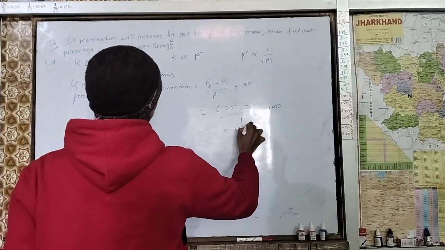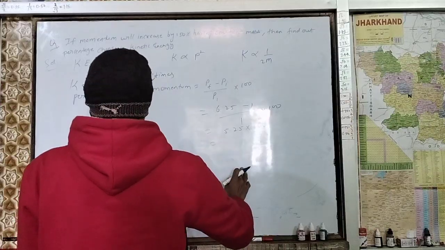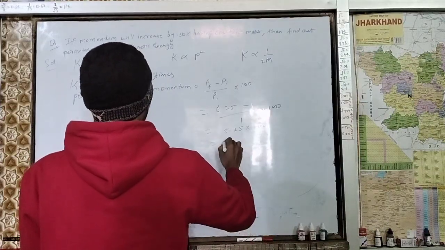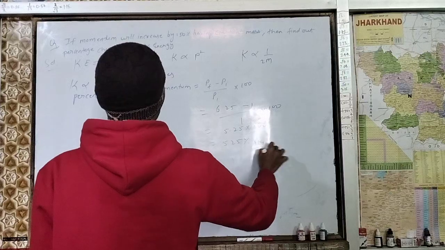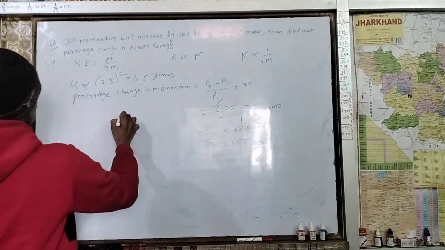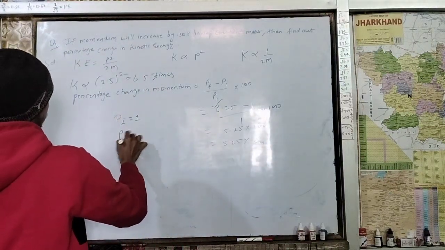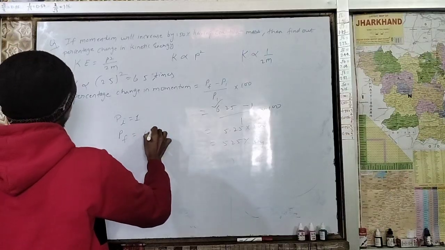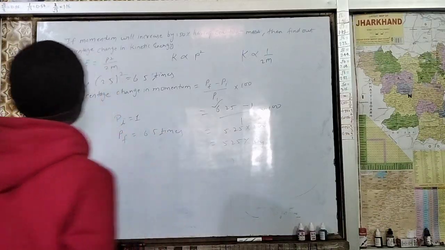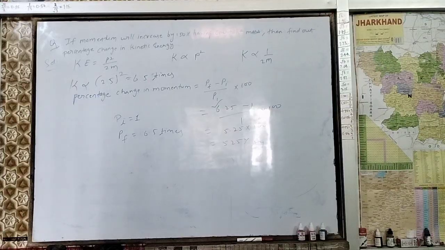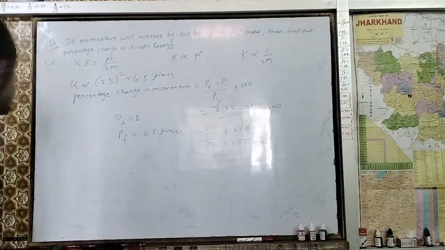This will become 525%. P initial is the initial momentum, 1, and final momentum is 6.25 times. Where is it? 2.5.